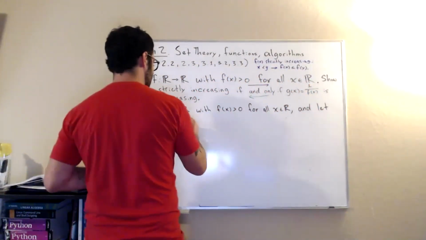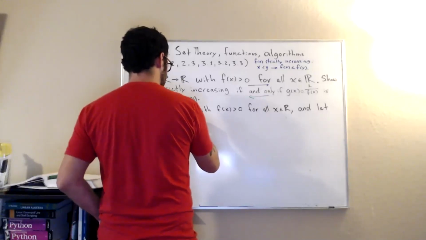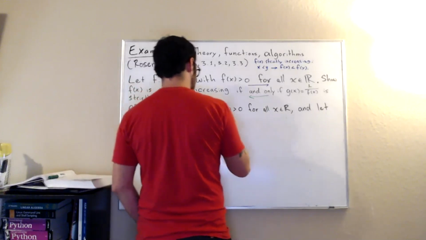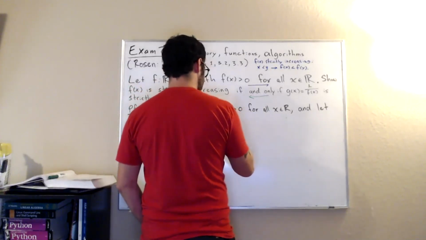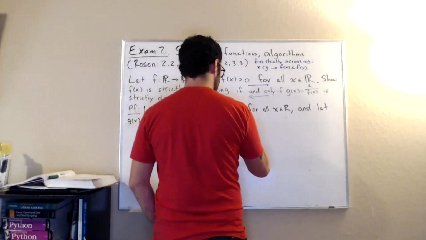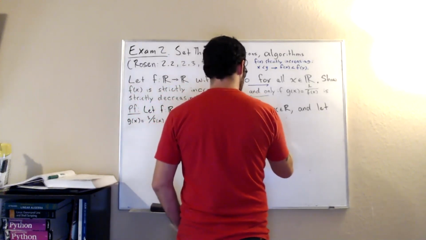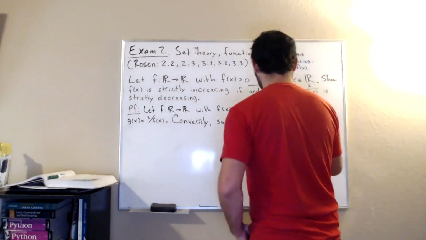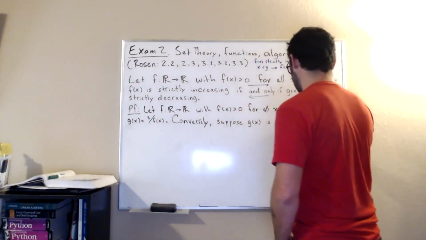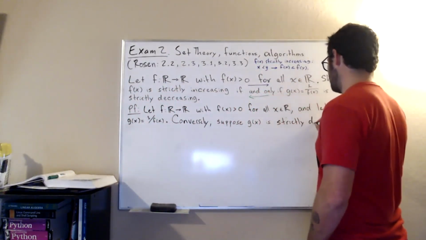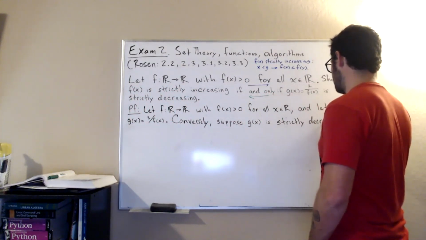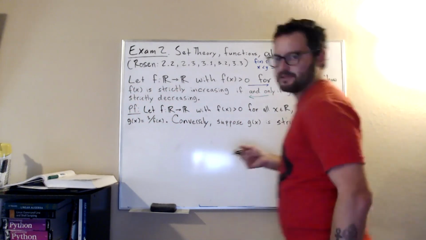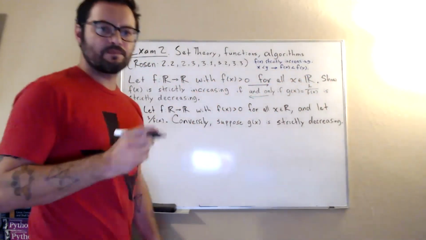So conversely, suppose g of x is strictly decreasing. It's basically a similar type of argument now.